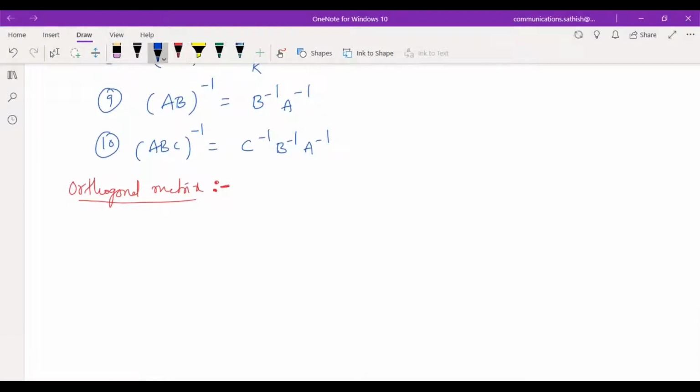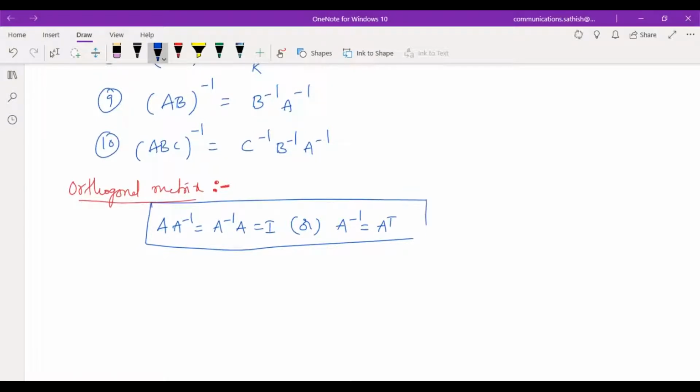So what is an orthogonal matrix? You know that for an orthogonal matrix, A inverse A is equivalent to I, and from this I can represent A inverse as A transpose. The point I want to mention is that A inverse is equal to A transpose.